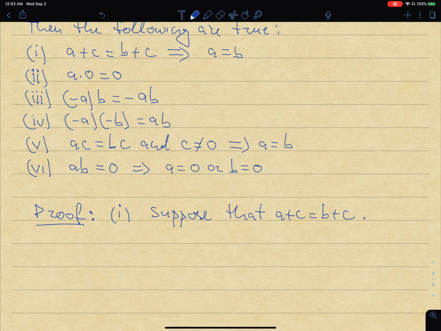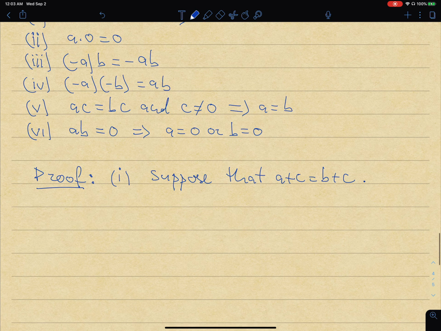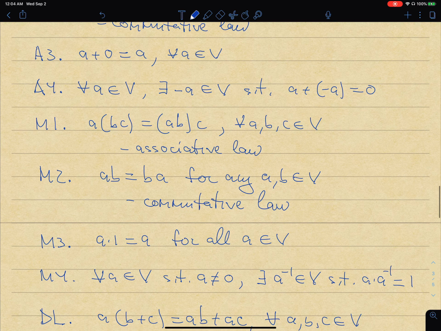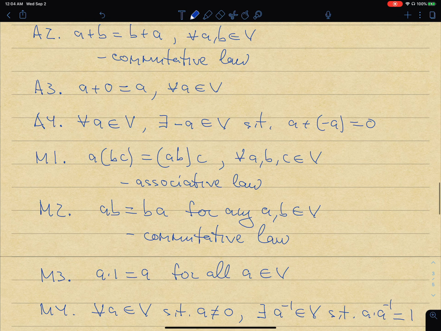Okay, so then what do I need to do? I need to get rid of C on both sides to demonstrate that A is equal to B. How can I do that? So if A plus C is equal to B plus C, then by A4, there exists an inverse of C. So if I add minus C to C, I'm going to get 0.